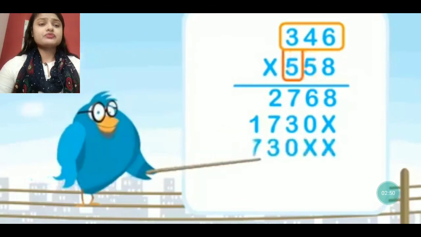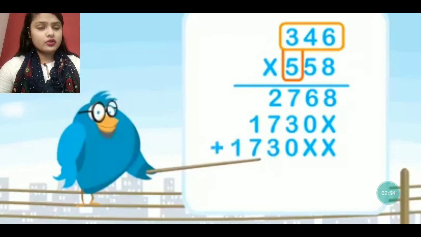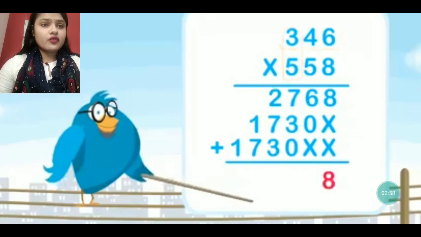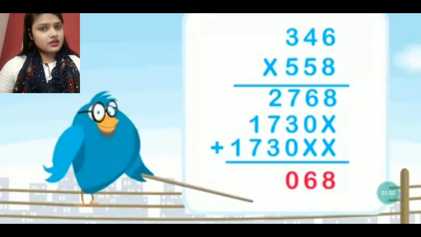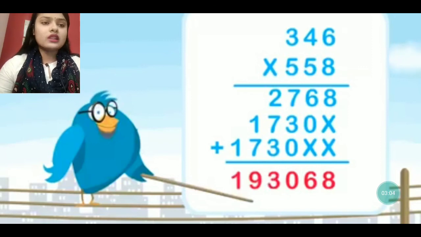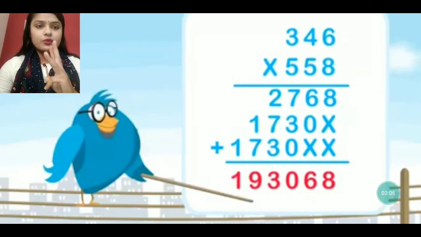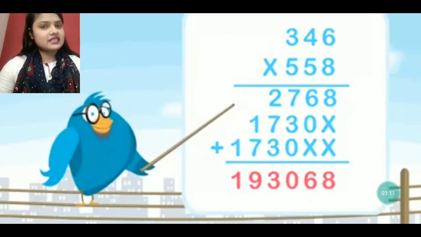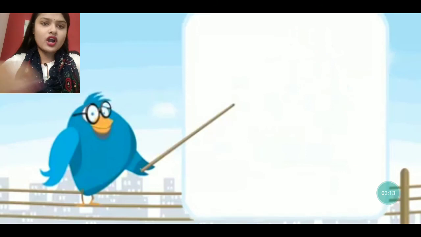For the last place, that is 5, we will multiply again. So in the first two places we will put a cross. What will you get? 5 into 346 is 1730. Now add all 3 products, and you will get the final answer, that is 193068. When we have added, we have got this as the answer.